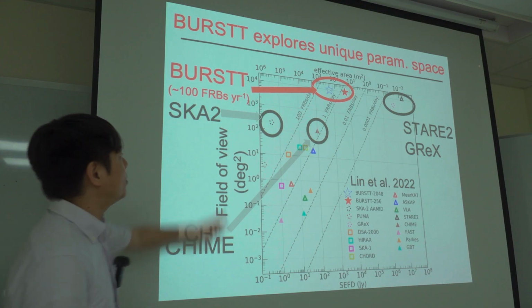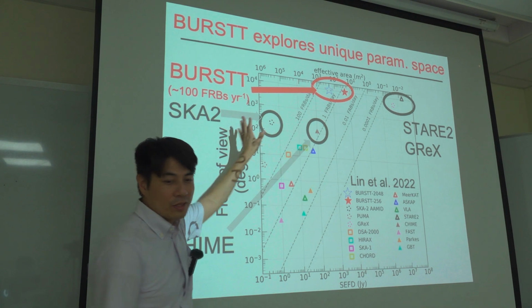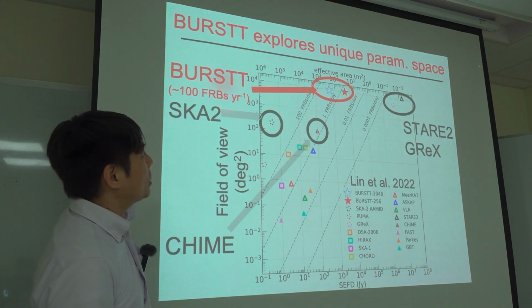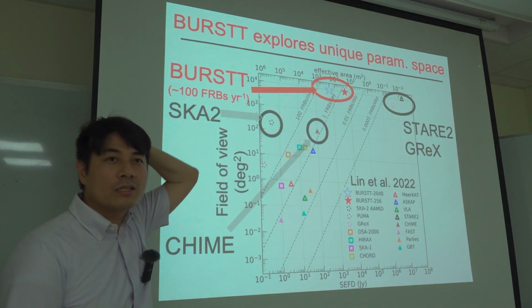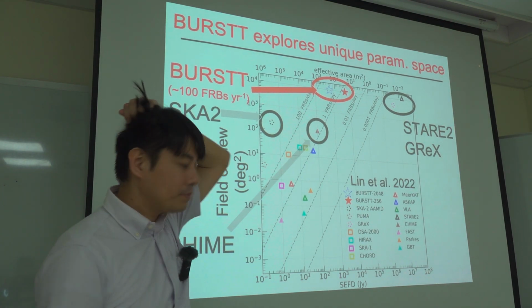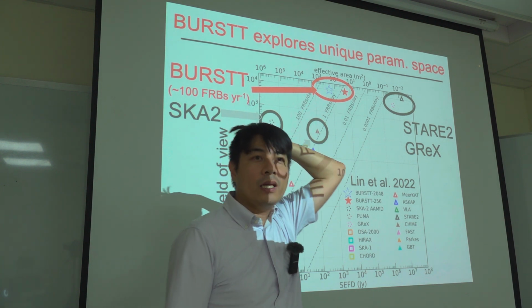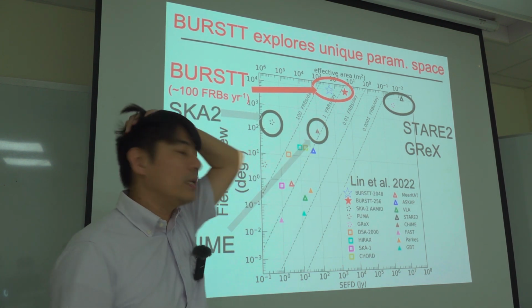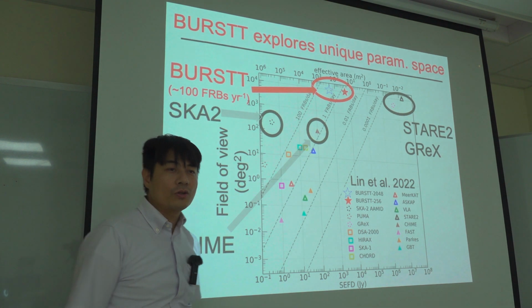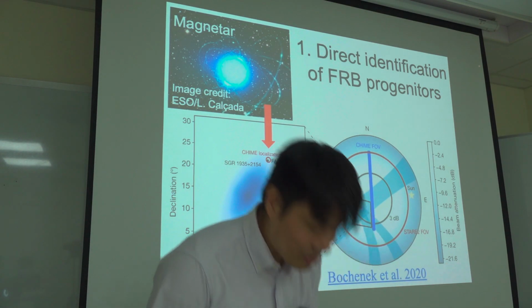So even after the world's largest telescope starts science operation, we can still keep our uniqueness using our FRB telescope. That's my expectation. So I expect Taiwan can really lead this FRB science in the future using the BURST telescope. That's my expectation. I'm sorry, I don't have time.